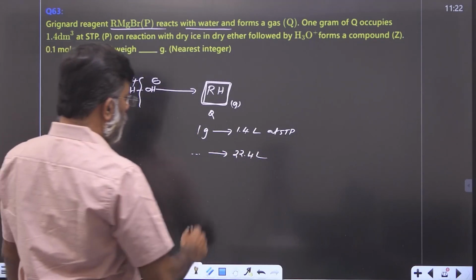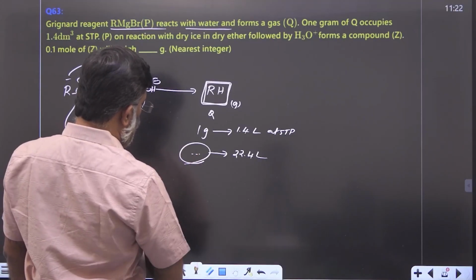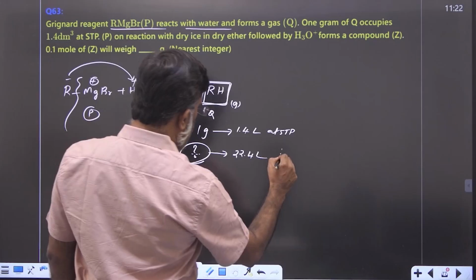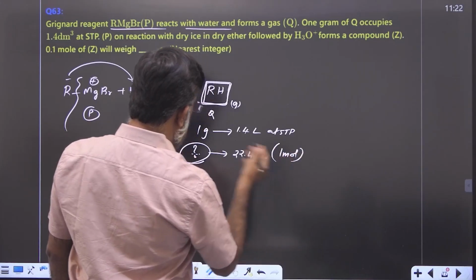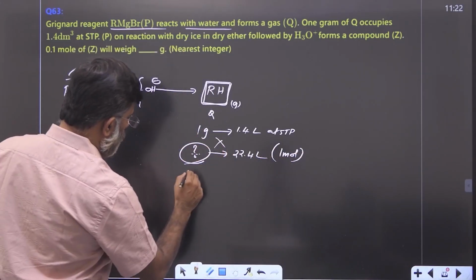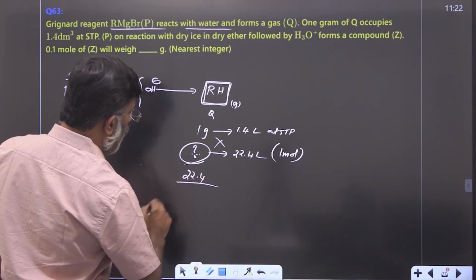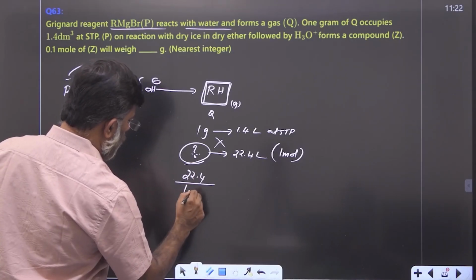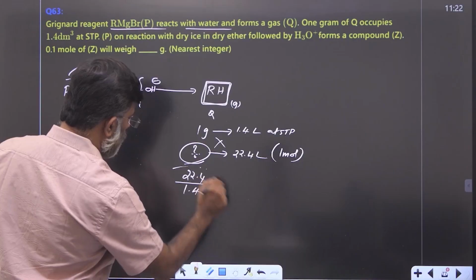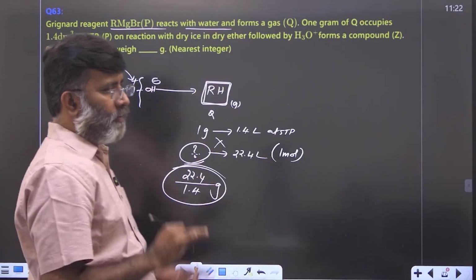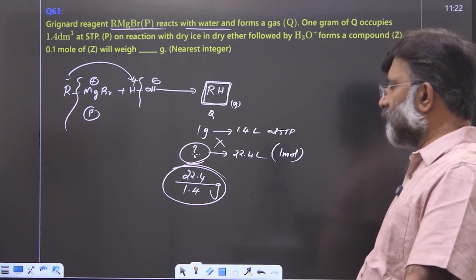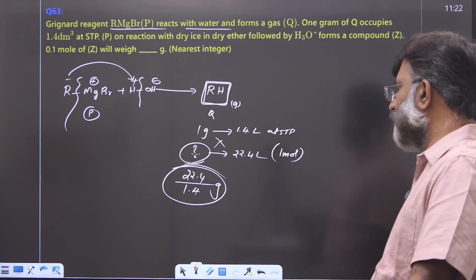That will be the molar mass. This will be 1 mole, and that is molar mass. So it is 22.4 divided by 1.4. This is the molar mass of compound Q.